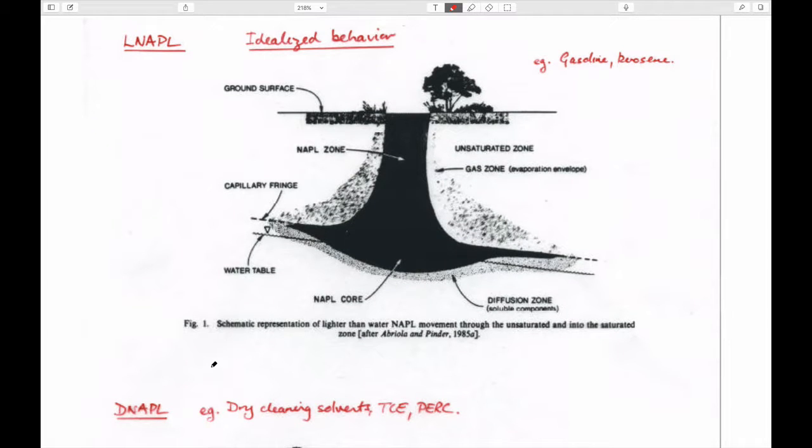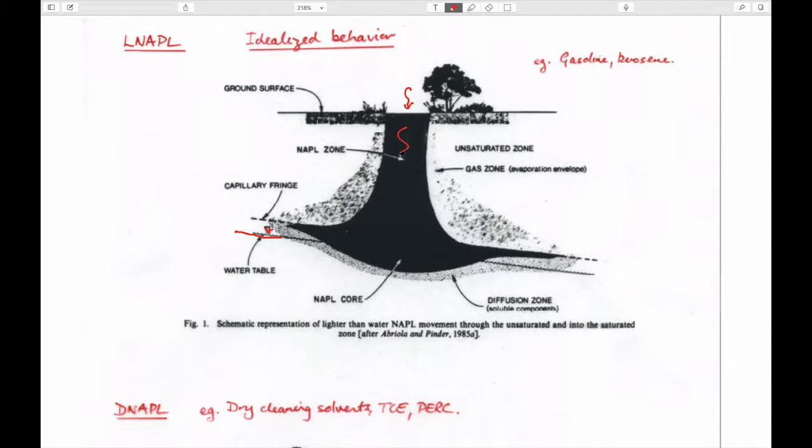So there are 2 basic classifications of fluids, those which are lighter than water and those which are denser than water. For those that are lighter than water, if you spill it at the surface, then what it will do is it will go down towards the groundwater table.